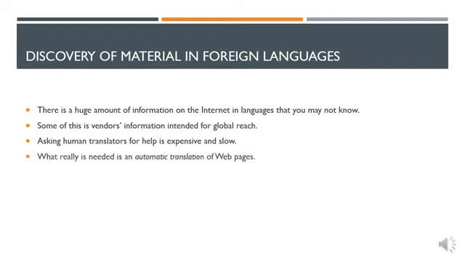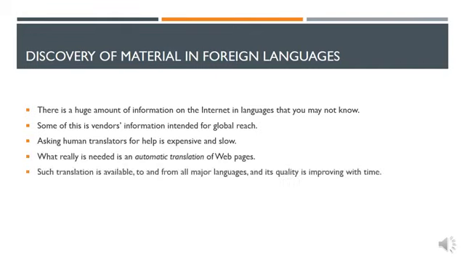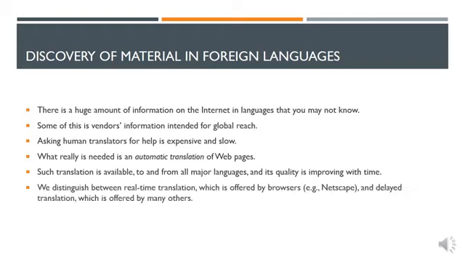What really is needed is an automatic translation of web pages. Such translation is available to and from all major languages, and its quality is improving with time. We distinguish between real-time translation, which is offered by browsers like Netscape, and delayed translation, which is offered by many others.